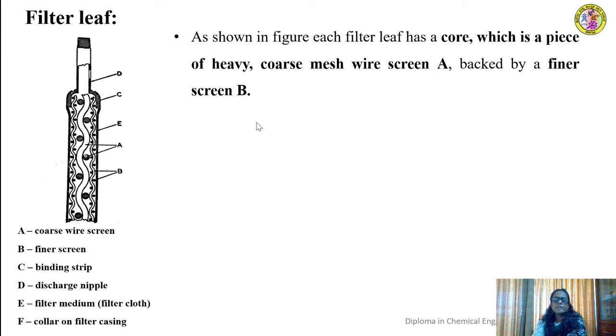As shown in the figure, a filter leaf has a core which is a piece of heavy coarse mesh wire screen, shown by part A in the figure.